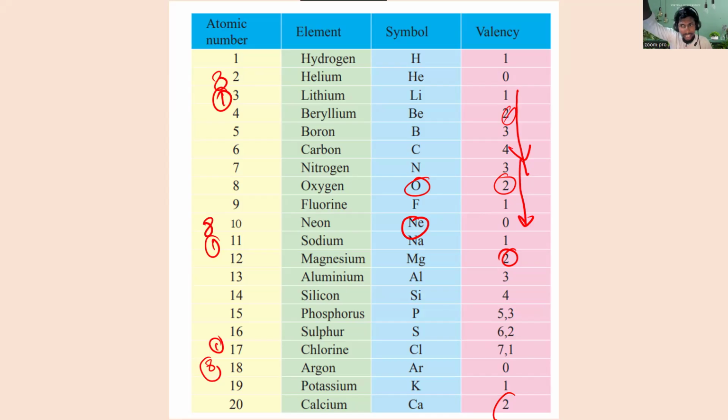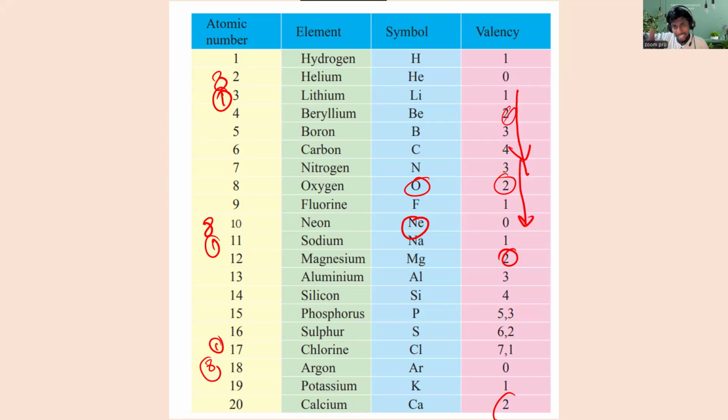Hydrogen will have 1. There's no need to memorize the valency. Now you have the idea how to find it. Valency means how many electrons they are going to share with other atoms to become stable. In other words, it is how many electrons they are going to share to make a bond with hydrogen.